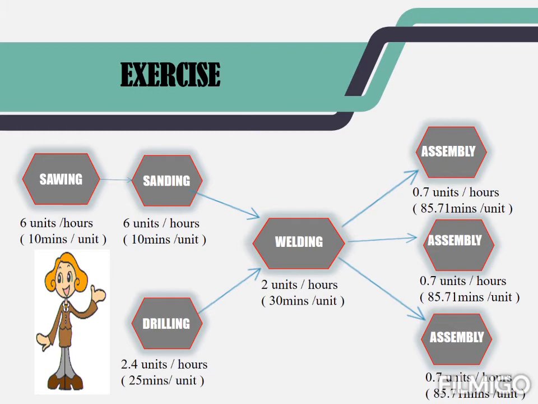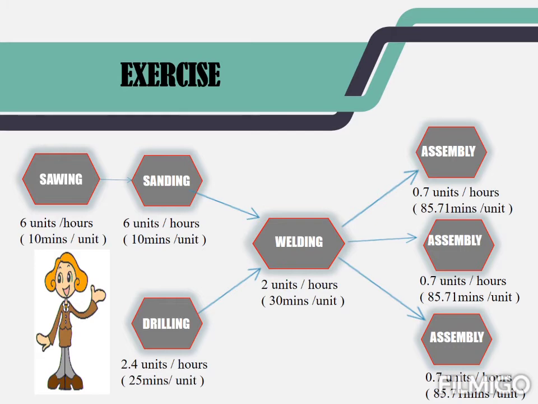Sanding: 60 minutes, which is equivalent to 1 hour, divided by 6 units. Sanding activity is also 10 minutes. Drilling activity: 60 minutes, which is equivalent to 1 hour, divided by 2.4 equals 25 minutes per unit.